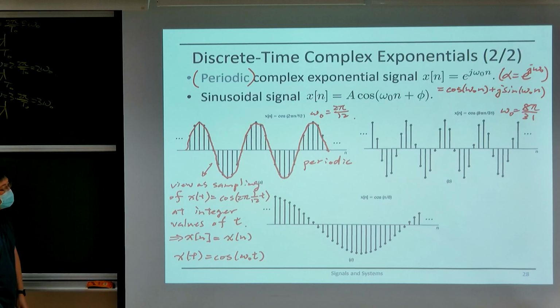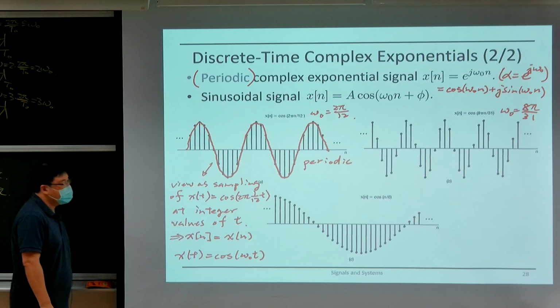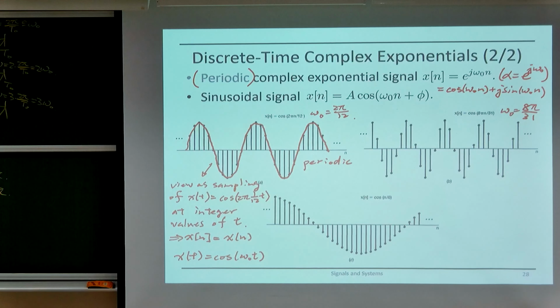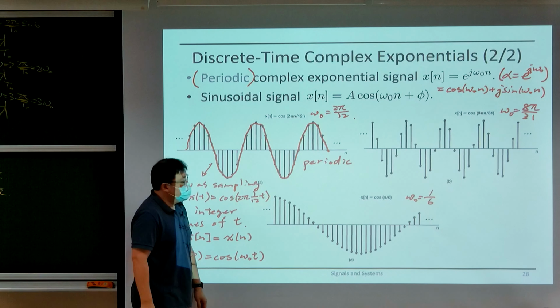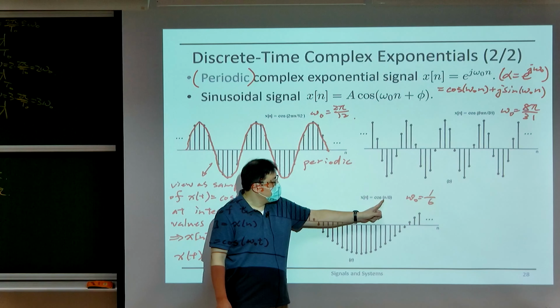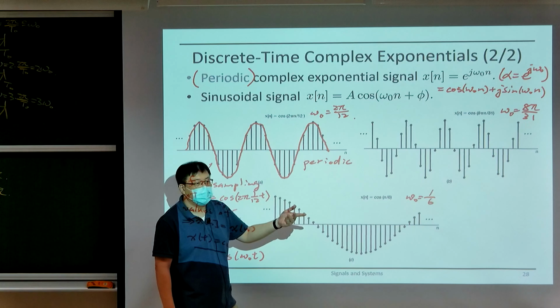But for this signal, this is cosine n over 6. So the frequency of this signal is 1 over 6. Now, pi is not a rational number.